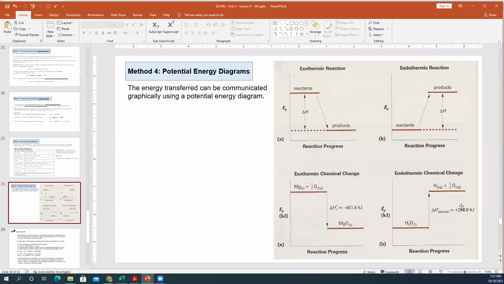And that's the value for it. And because it's endothermic, the products end up with a higher potential energy. And because it's endothermic, the delta H is written with a positive sign, whereas when it's exothermic, it is written with a negative sign. Okay.